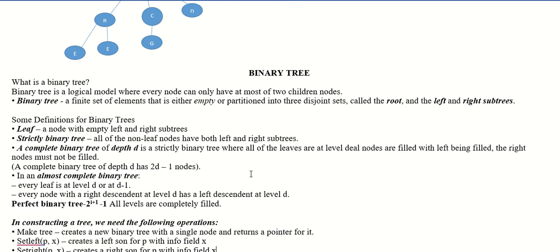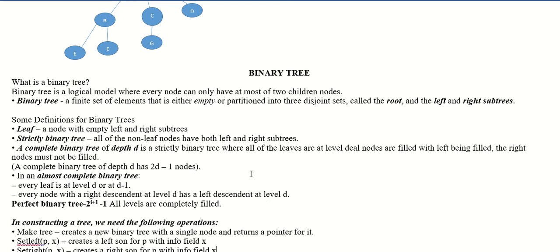Then we have types of binary tree. We have the strict binary tree, where all non-leaf nodes have both left and right subtrees. We have the complete binary tree of depth D. We can say that it is a strict binary tree where all the leaves at the last level are filled, with the left being filled.